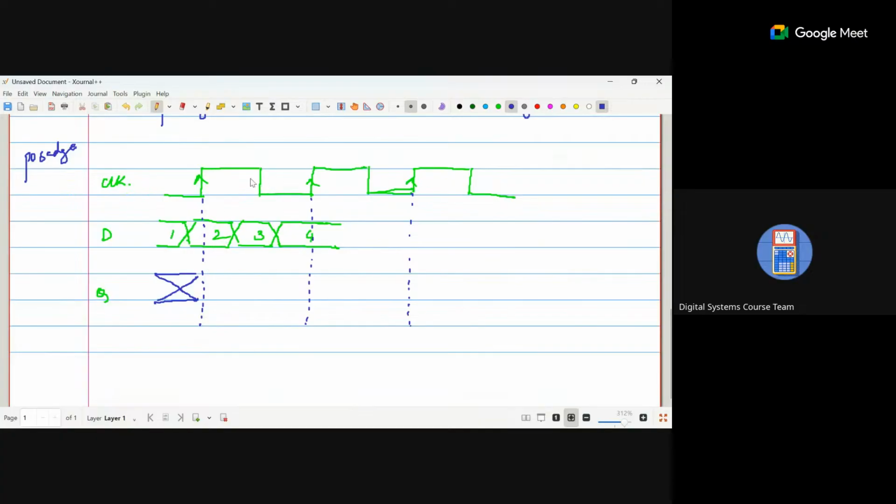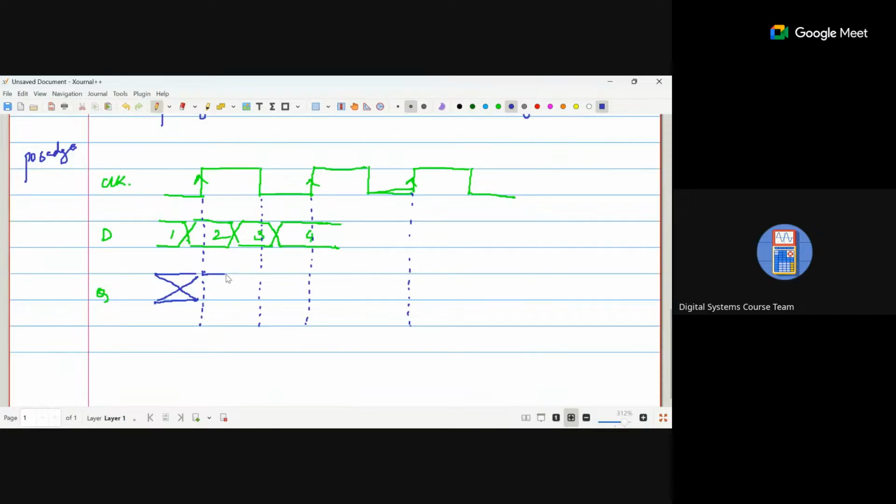So now if you see for your positive side, this is your positive side. When your positive is triggered, you can see your D is 2, right? And this is your negative one. This is for the negative. So if you see the positive here, what are you getting?